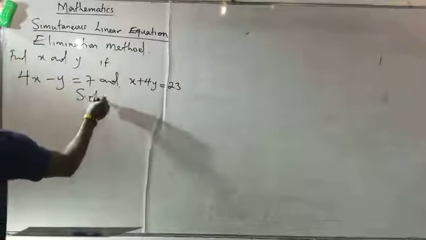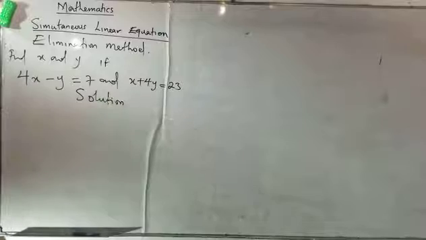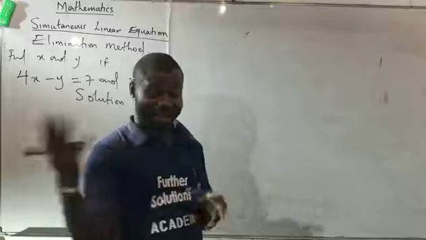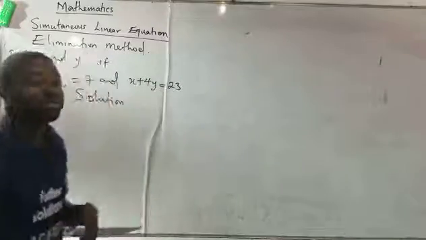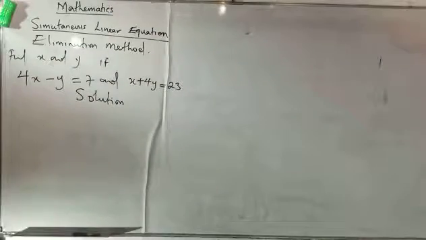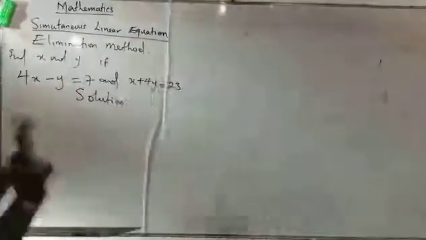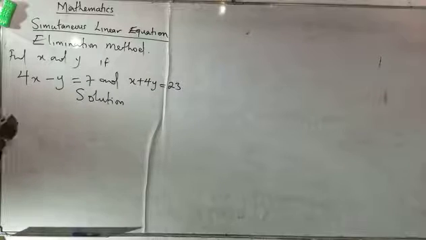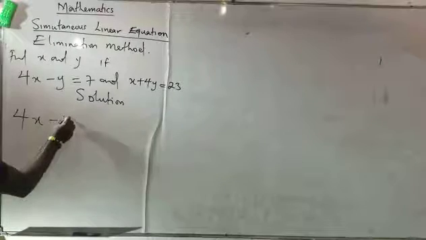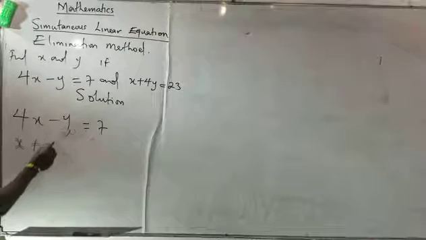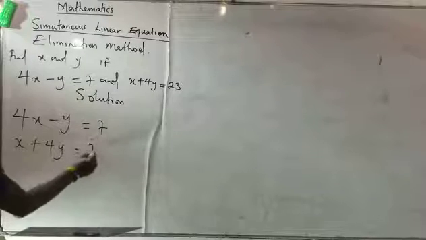The solution to this problem is very simple. Why is it simple? Because it's a linear equation. If the degree is 2, it becomes a quadratic simultaneous equation. If it is 3, it is a cubic equation. Just note that. I have 4x minus y equals 7 and x plus 4y equals 23.